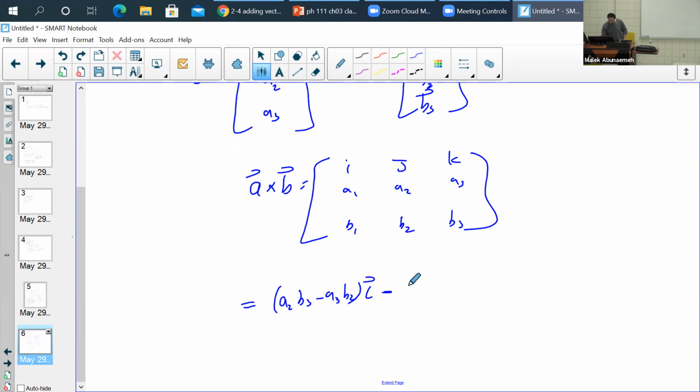So minus in the J direction, you hide the J. What you get is A1, B3 minus A3, B1 in the J direction, plus the K direction.